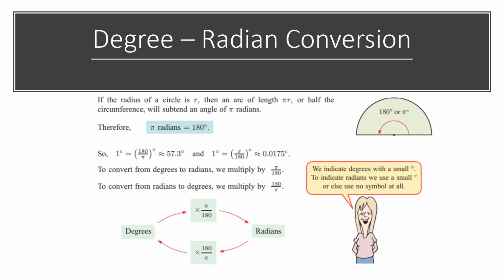Therefore, pi radians is 180 degrees. From there, we can learn that 1 radian is 180 over pi degrees, which is close to 57.3 degrees. And 1 degree is the other way around, so it's pi over 180 radians, which is close to 0.0175 radians.